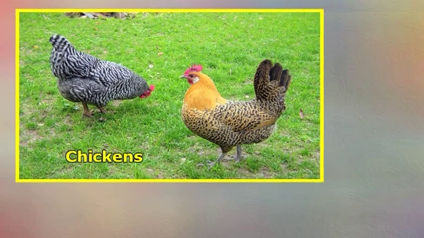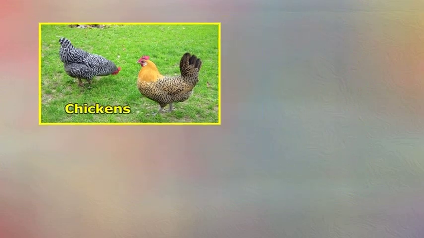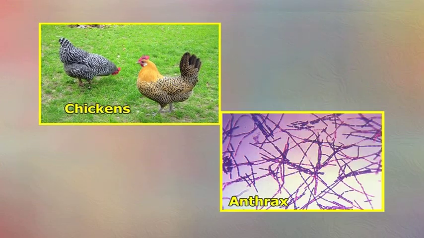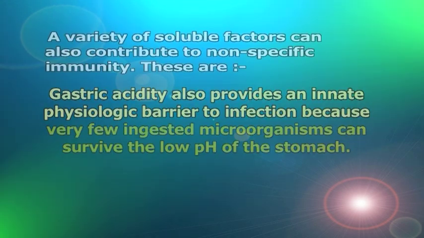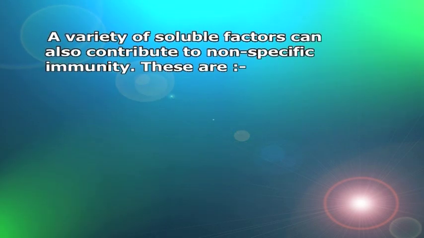Chickens, for example, display innate immunity to anthrax because their high body temperature inhibits the growth of pathogen. Gastric acidity also provides an innate physiologic barrier to infection because very few ingested microorganisms can survive the low pH of the stomach. A variety of soluble factors can also contribute to non-specific immunity.